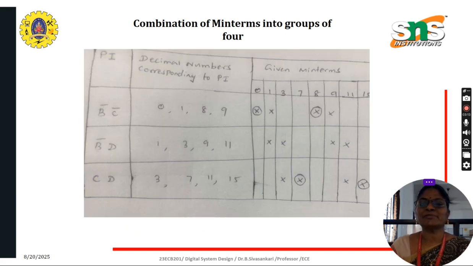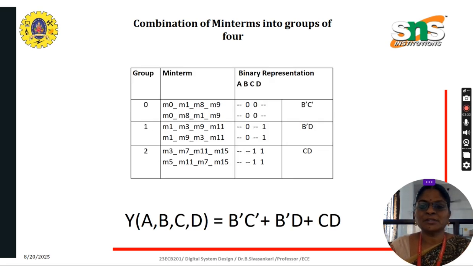So with these prime implicants, we have to find the essential prime implicants by forming this final table where I have mentioned 3 columns. First one, our prime implicants, and next the decimal numbers corresponding to those prime implicants. So what are the decimal numbers corresponding to those prime implicants? You can go to the previous slide, where I am getting B bar C bar in 0, 1, 8, 9.